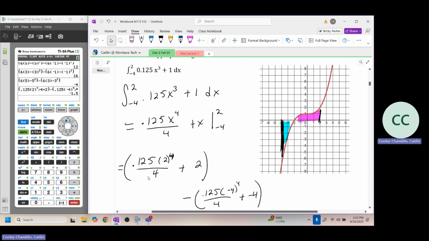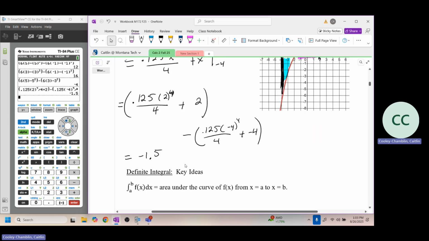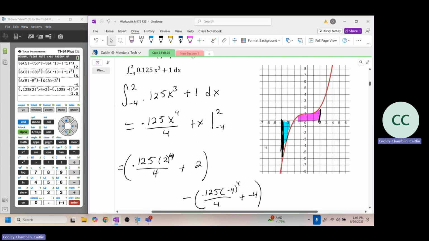So my key idea here, most times people stop me right here and it's like, Katie, your area is negative. We're getting a negative 1.5 for that total area. The problem before, the negative kind of canceled out. But what does that mean? That just means that I have more area under the x-axis than I do above the x-axis. It gives me a positional area.